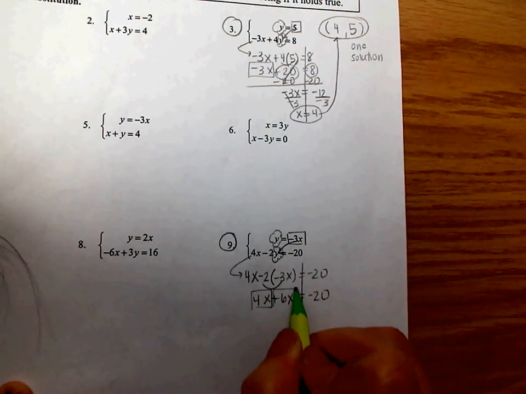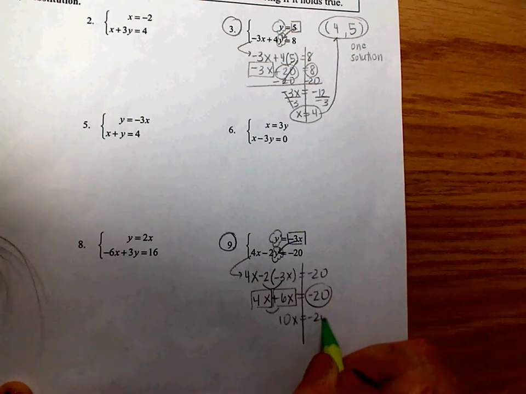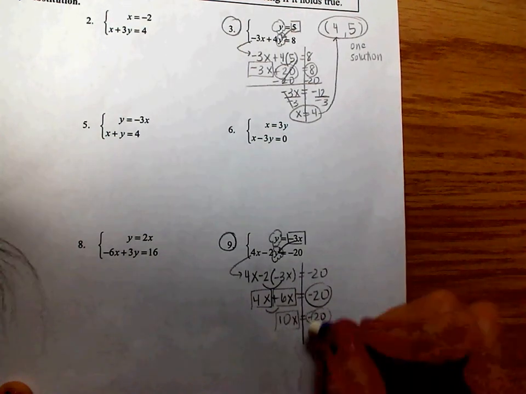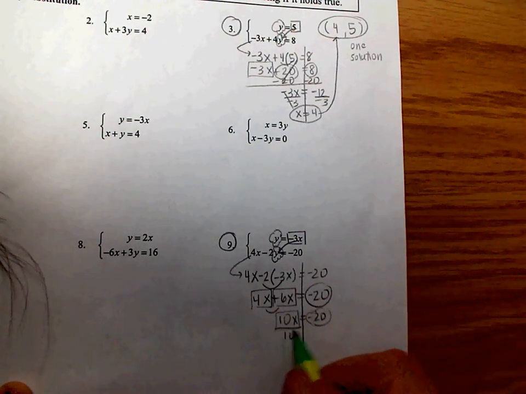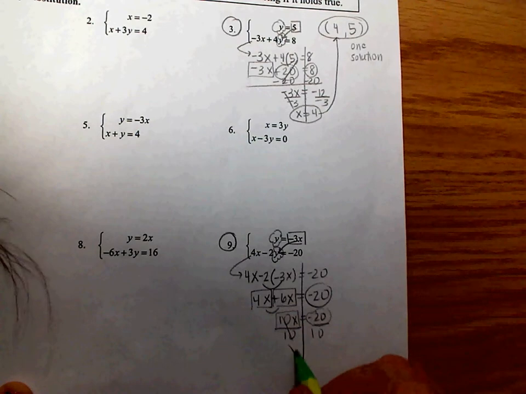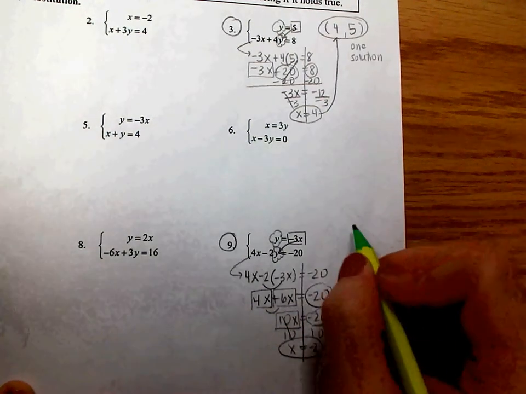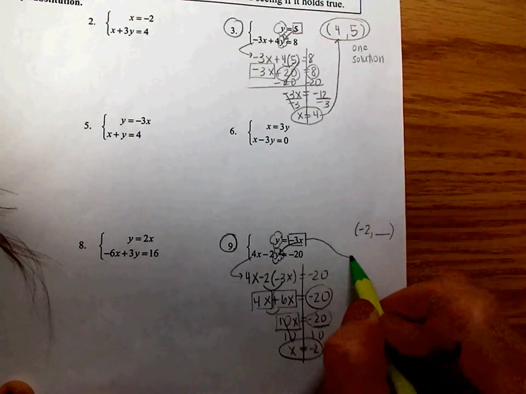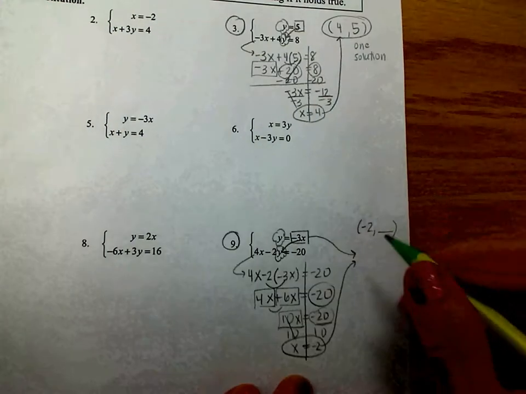We've got like terms over here, they combine, and that's 10x equals negative 20. Alright, and then divide by 10, so x equals negative 2. And then I'm going to put the negative 2 here, find the y. Well, the y is already isolated in that top equation, so we're going to put the x in that bottom equation.